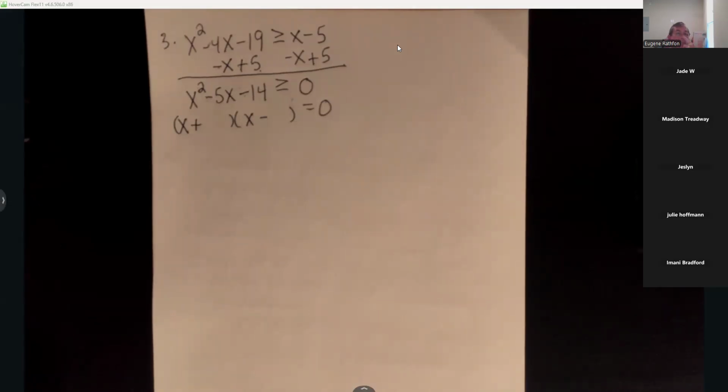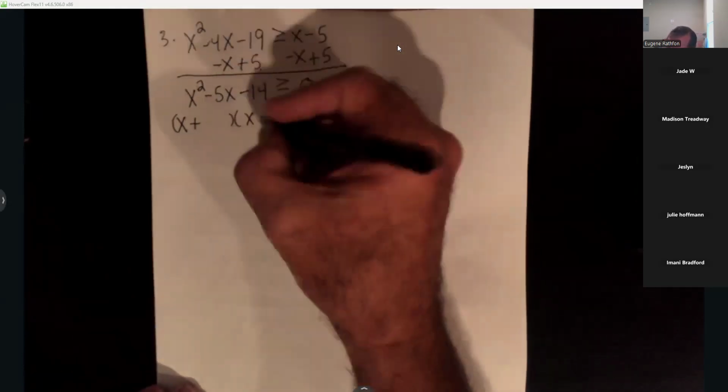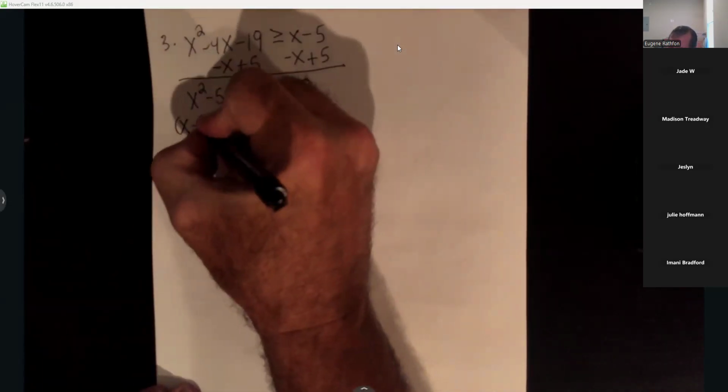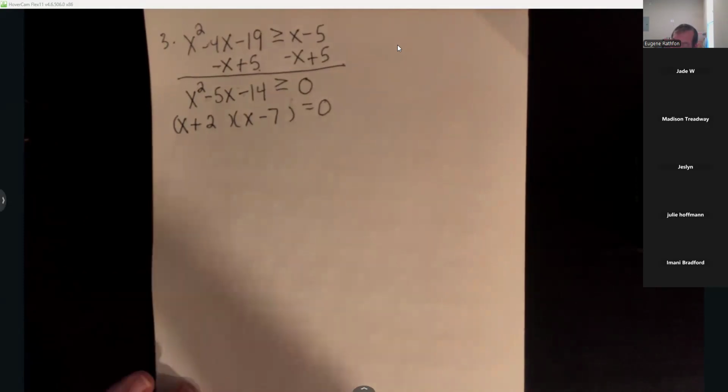So let's see, what do I multiply to get a 14 and subtract and give me a 5? 1 and 14 don't work. So 2 and what do you got? Just 2 and 7? Perfect. Remember, 7's bigger, so the bigger number is negative like the middle, and the smaller number is positive.